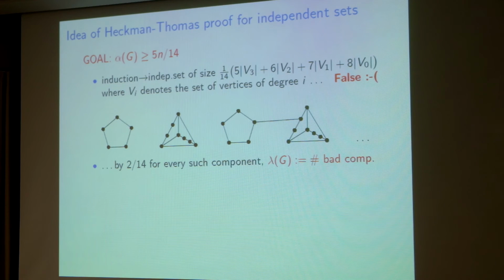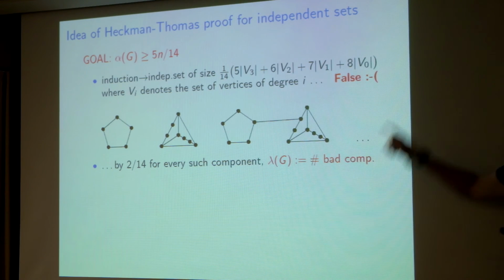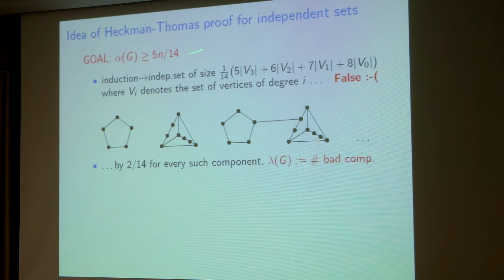So an idea would be, let's just look at how many components have this structure that I just described, and subtract 2/14 for each of them. It's still fine, because in each such component I will find at least 2 vertices of degree 2, so I gain at least 2/14 compared to my original statement. So in the total sum I will still stay above 5n/14, and maybe this is a statement that I can push through induction.